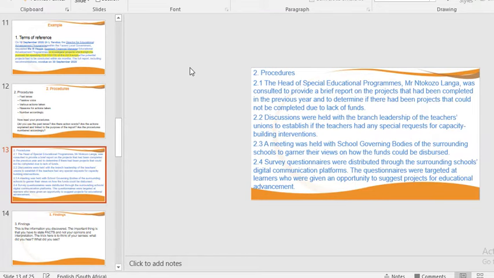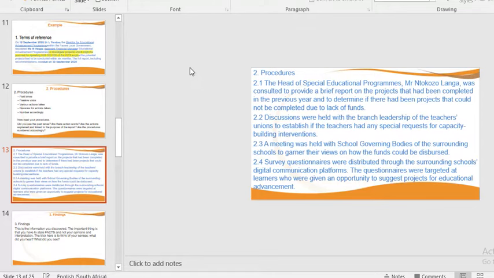The head of special educational programs, Mr. Ntokozolanga, was consulted to provide a brief report on the projects that had been completed in the previous year and to determine if there had been projects that could not be completed due to lack of funds.